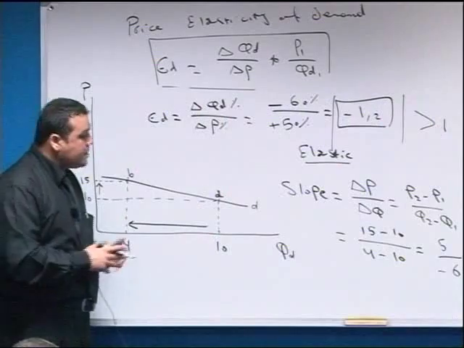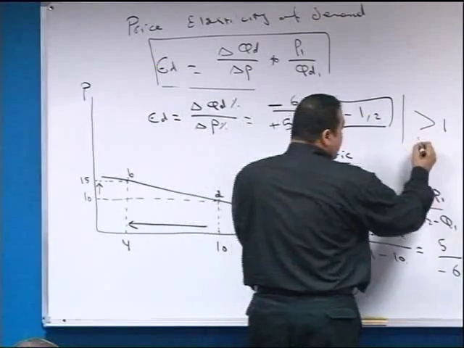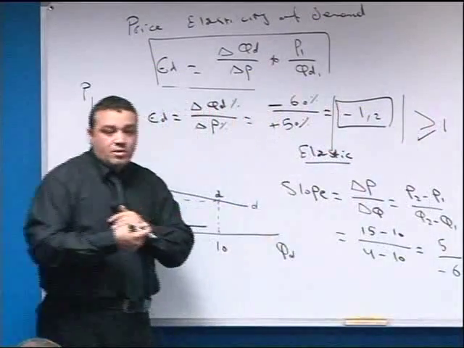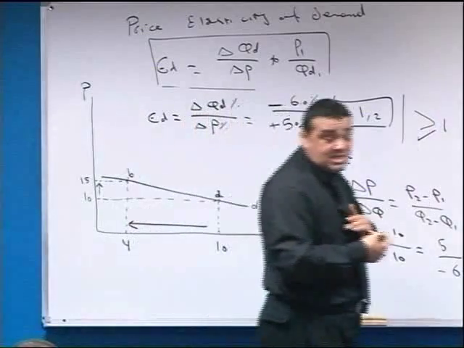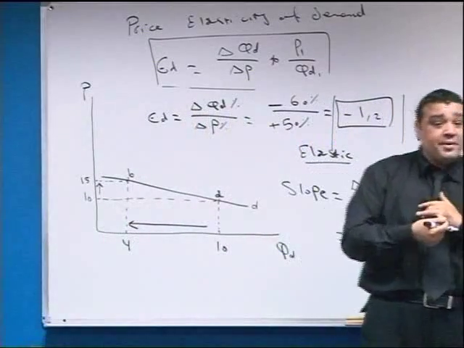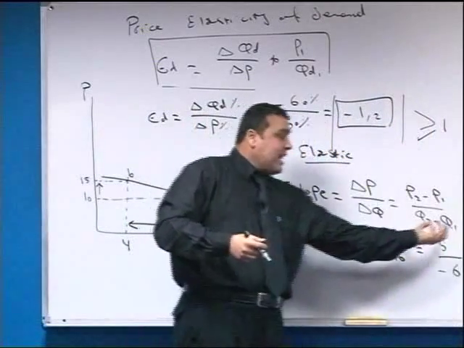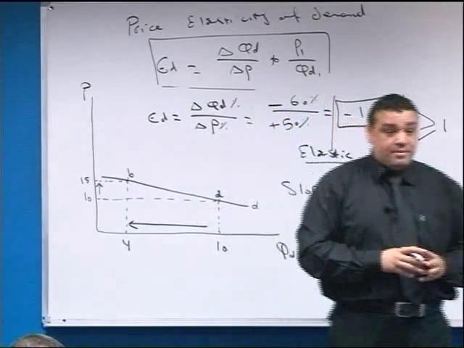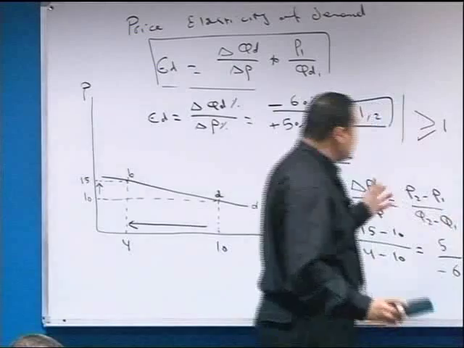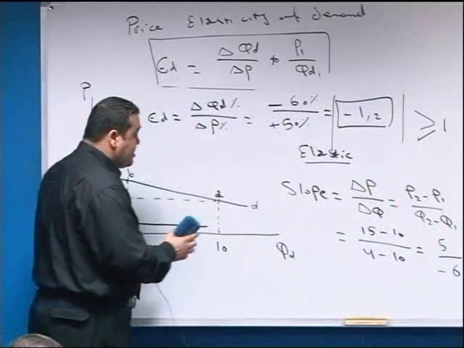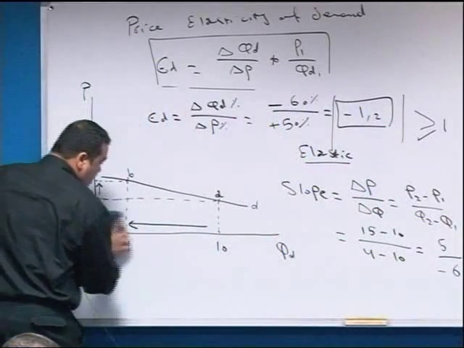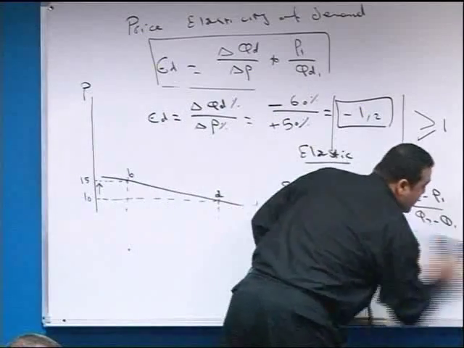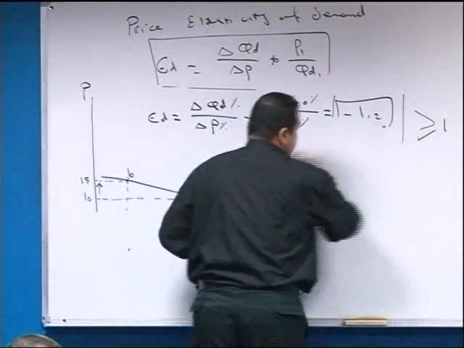So as you see, when the demand is elastic, the absolute value of the price elasticity of demand is larger than 1, and the absolute value of the slope is less than 1.